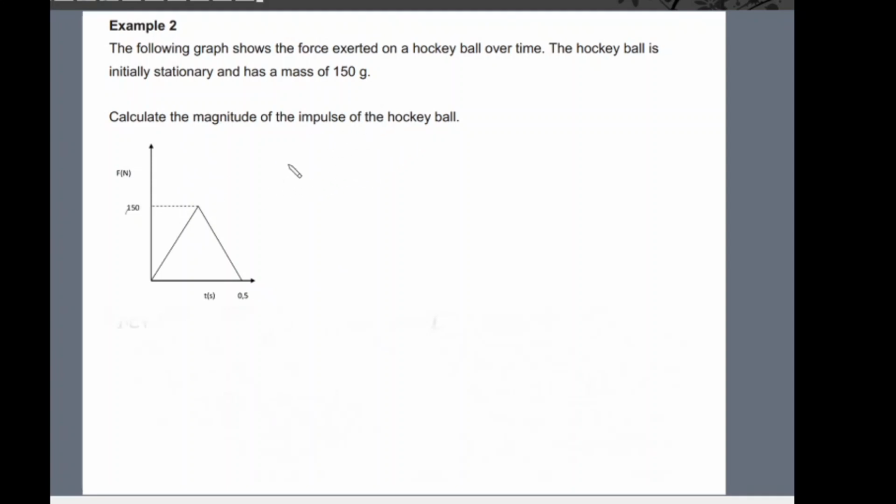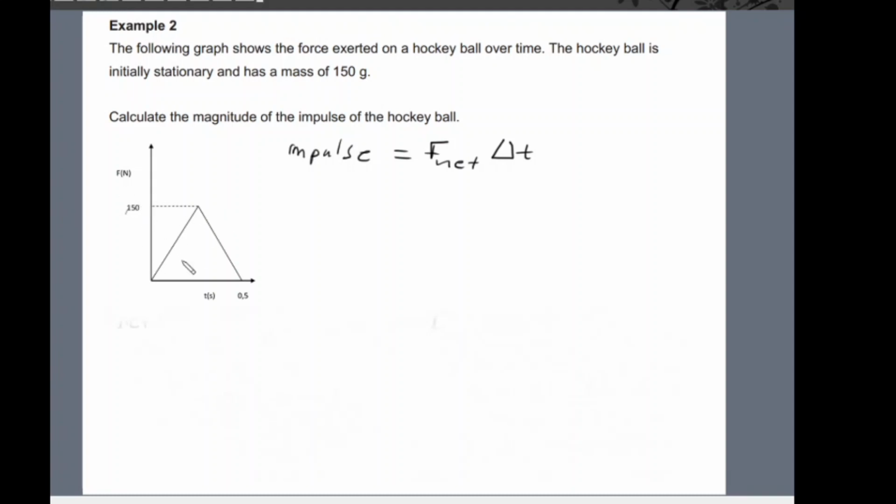Remember that impulse is defined to be the product of the net force and time. So we have a graph showing the force exerted on a hockey ball over time.